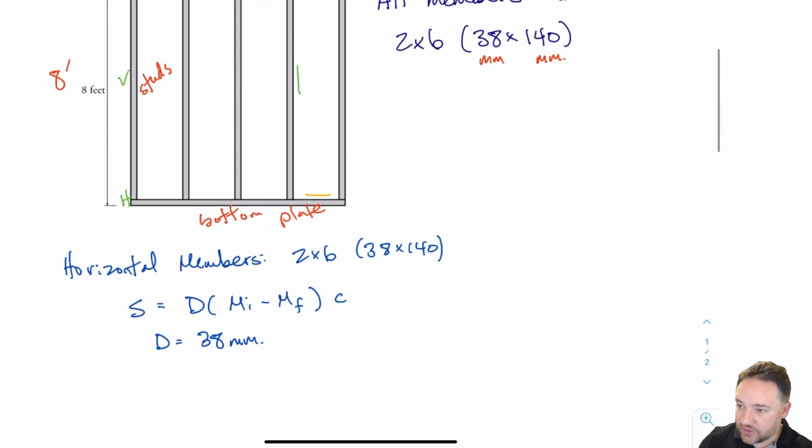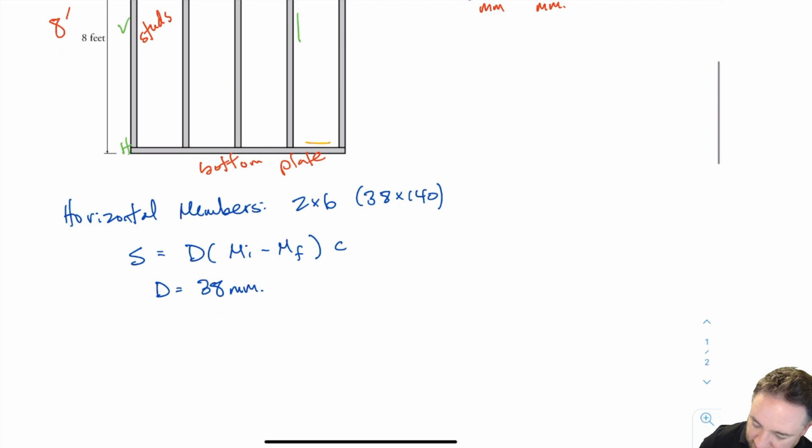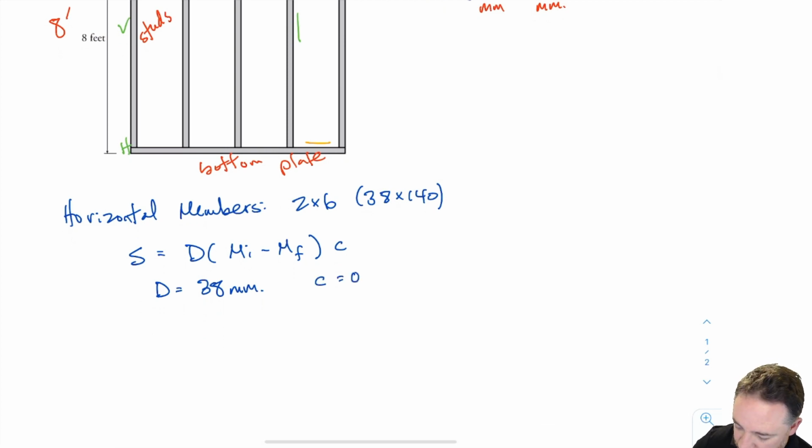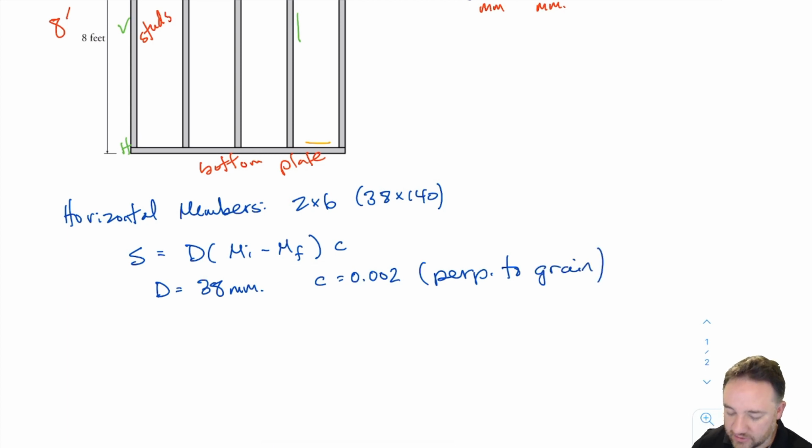C in this case is going to be 0.002 because we're perpendicular to grain, perp for short. I'm expanding a width or a height of the cross section, not the longitudinal length of the section.